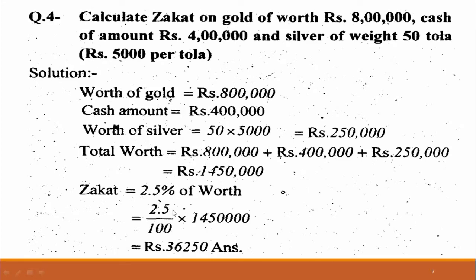So what will be the zakat for this total amount, 1,450,000 rupees? 2.5 divided by 100 multiplied by 1,450,000. After simplification, we obtain 36,250 rupees. For this total amount, the zakat is 36,250 rupees.